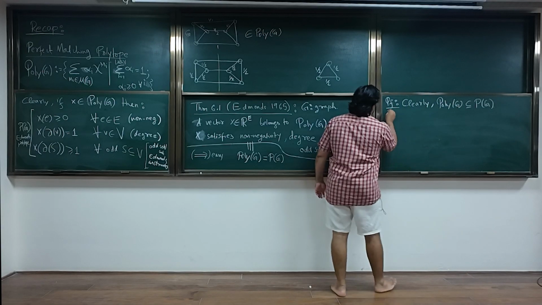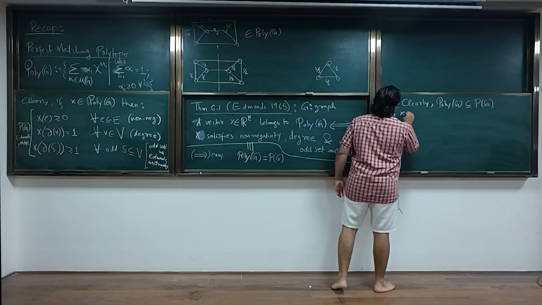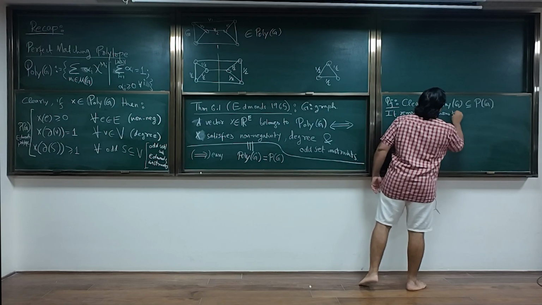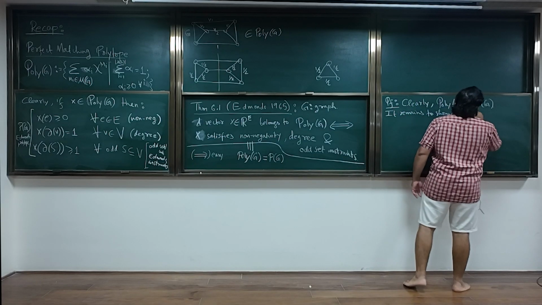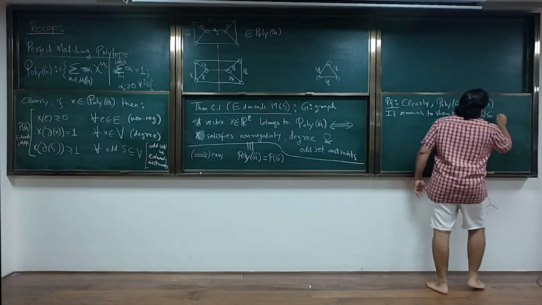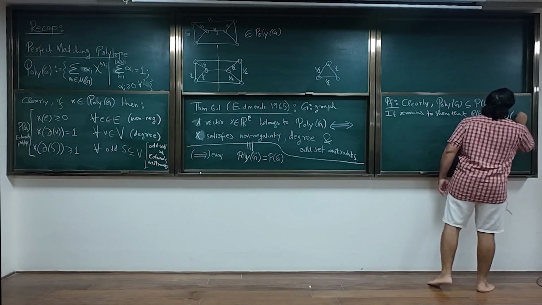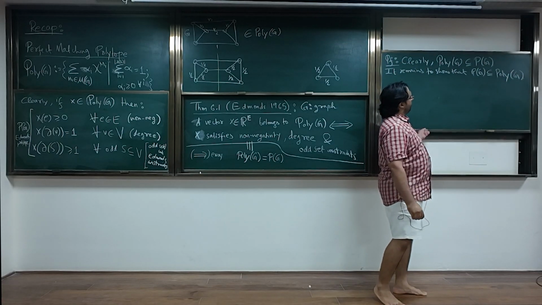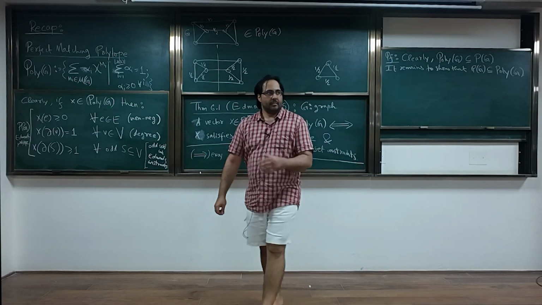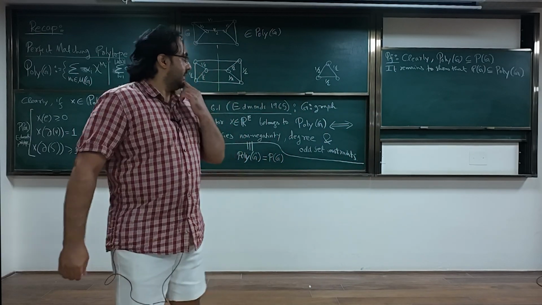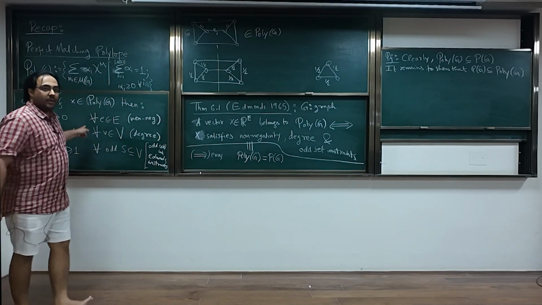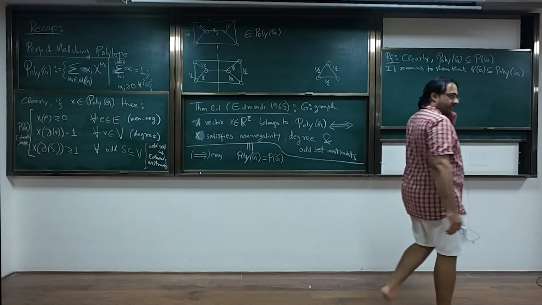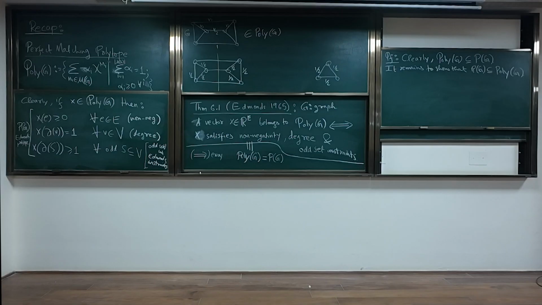It remains to show the other containment. Any vector that satisfies all of these inequalities, we need to prove that it is indeed in the perfect matching polytope. Questions, concerns?